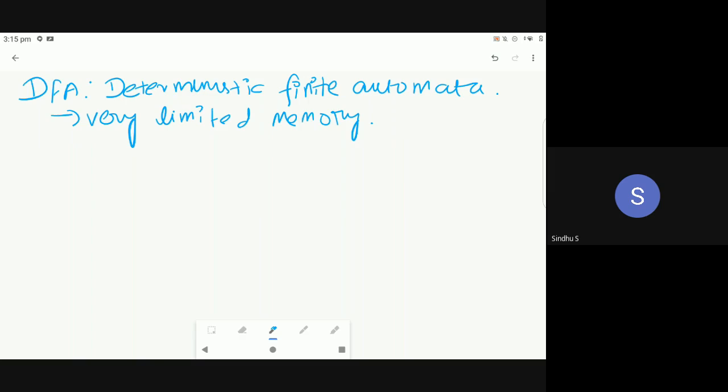It has only limited memory, and it's a very simple method of computation. And if I say finite automata, it means the total number of states is always finite. I can predict the total number of states for constructing the machine. That's why it has been called finite.